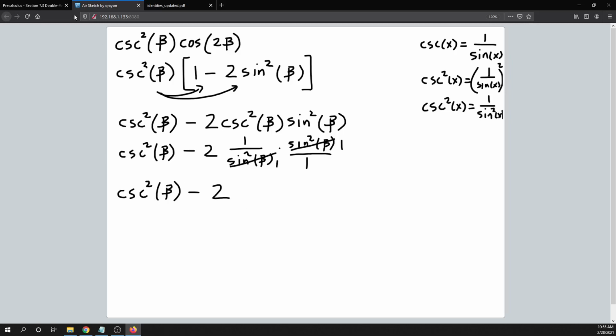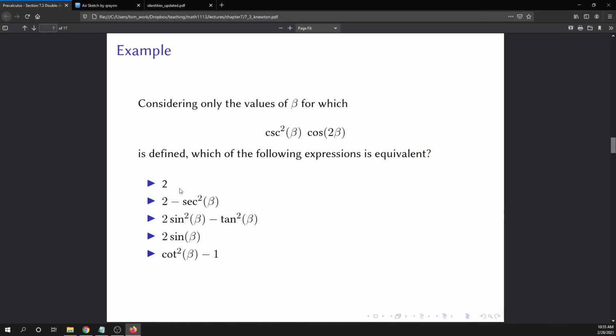So going back to the original problem and taking a look, trying to see if that is one of the choices that we have, and it's not. So I'm going to have to do a little bit more work here. Looking at the choices that I have, 2 minus secant squared beta, 2 sine squared minus tan squared beta, 2 sine beta, and cotangent squared beta minus 1.